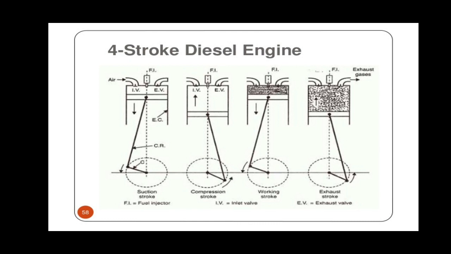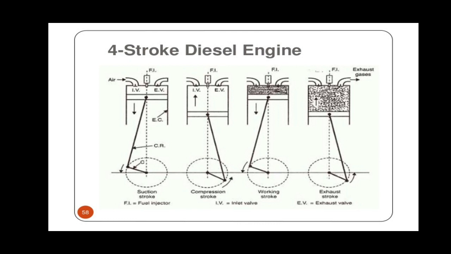Now at the end of the working stroke, our piston is at the bottom. See, in the fourth figure, the piston is at the bottom. When our piston moves from top to bottom due to force in the working stroke, whatever burning charge we have in that cylinder is converted into what?